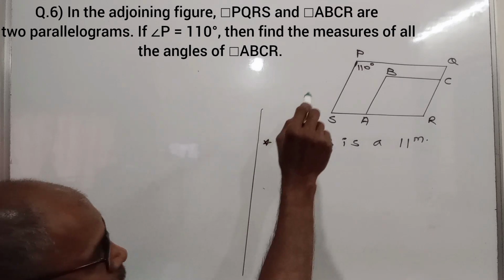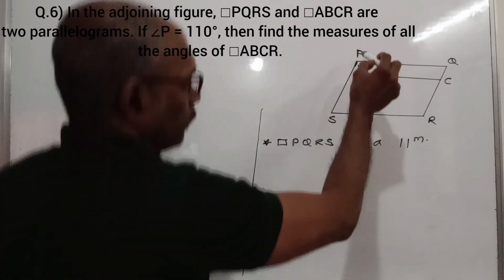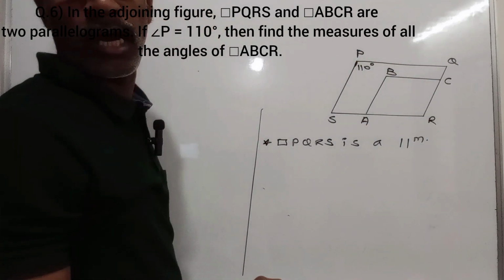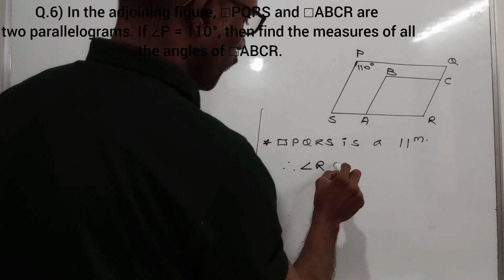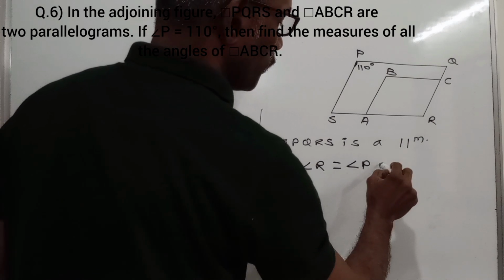If quadrilateral PQRS is a parallelogram, then opposite angles are congruent or equal in measure. See here, angle P is equal to angle R. See here, angle R is equal to angle P.